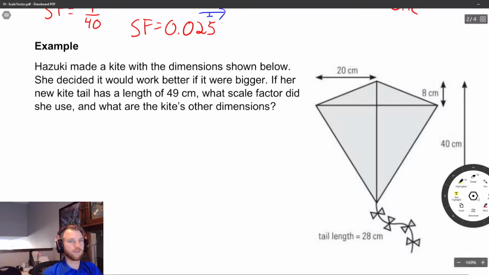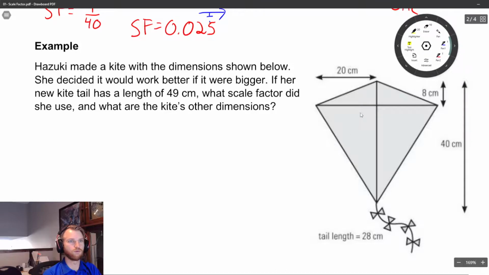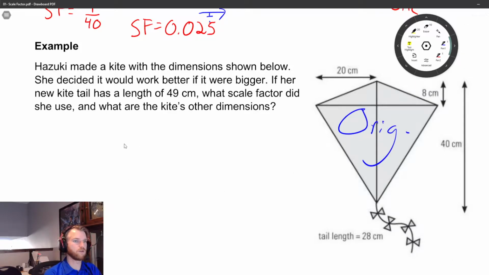So this is telling us that this here is our original. Okay, that's our original kite, and we're going to do a new one, and the new measurement for the tail, we'll use red for the new one, is 49 centimeters. So it says, what's the scale factor first of all?